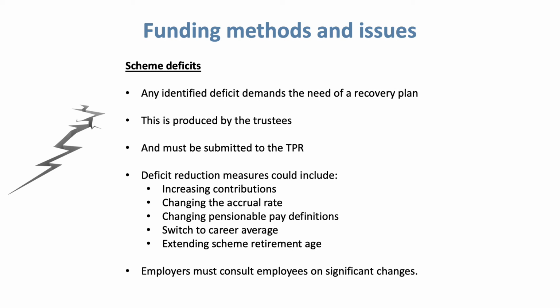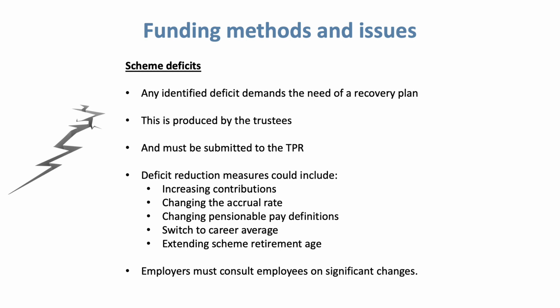Now, if the deficit becomes a serious problem that's unlikely to be resolved with a business as usual effect, there are a lot of options that are available which might help a firm basically reduce that deficit.